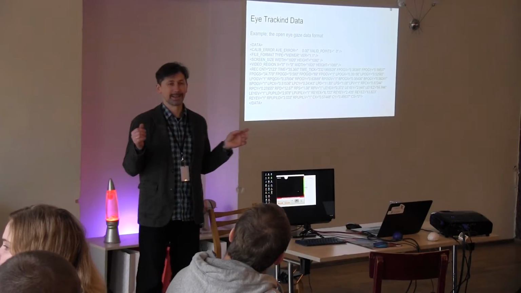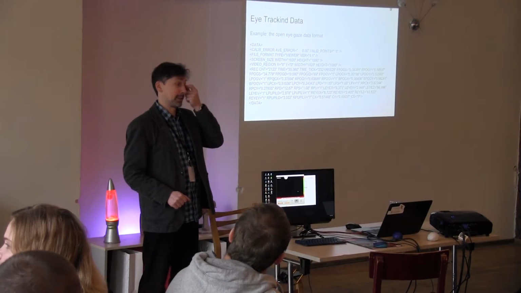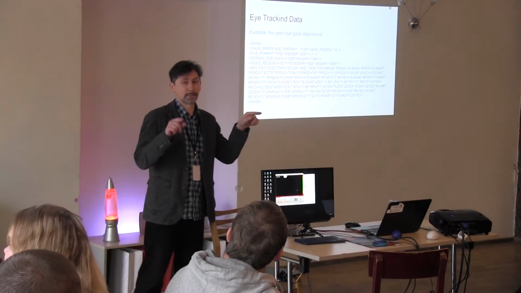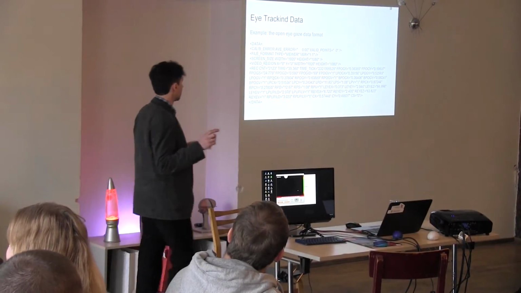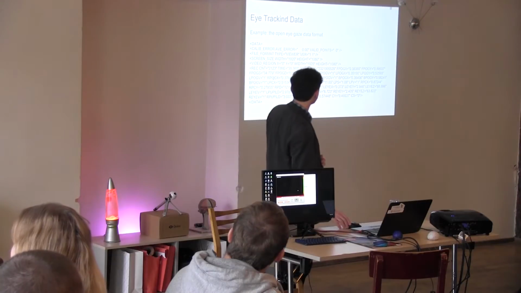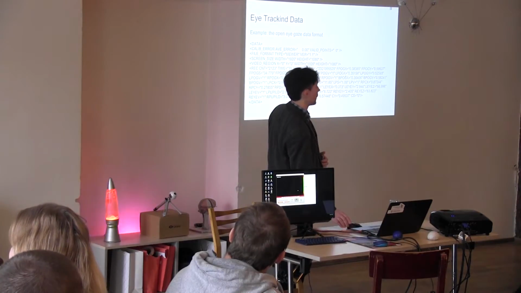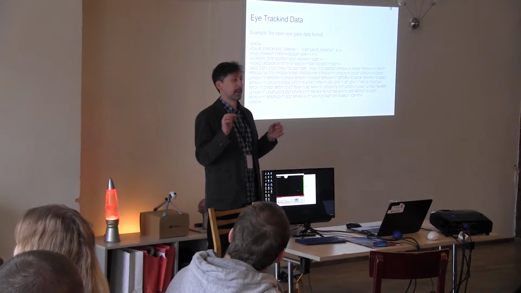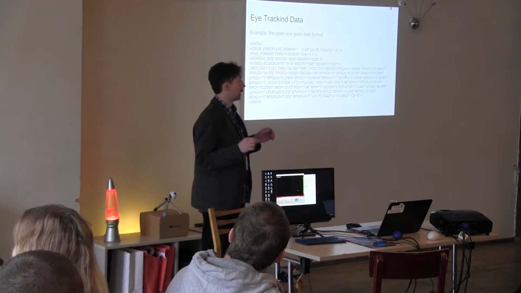What might those mean? What do you think? Left and right, the gaze coordinates of the left and right eye, exactly. And later on there is BPOG, which means best point of gaze, and that's the average of left and right.